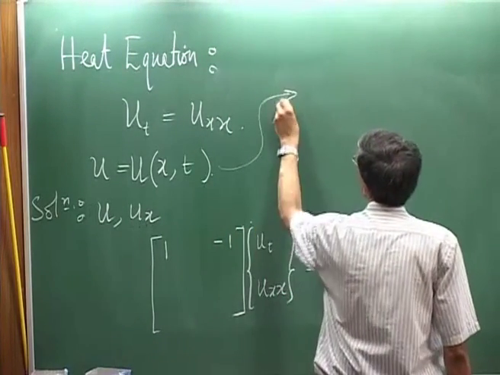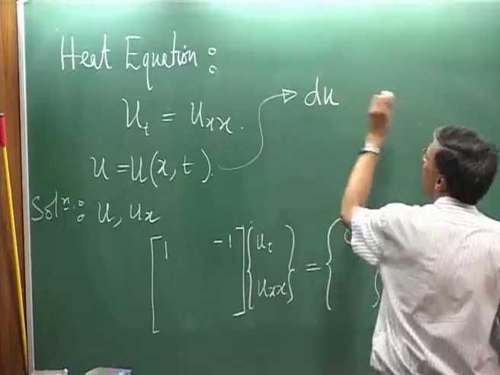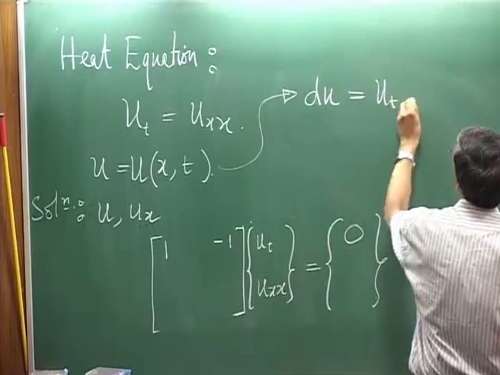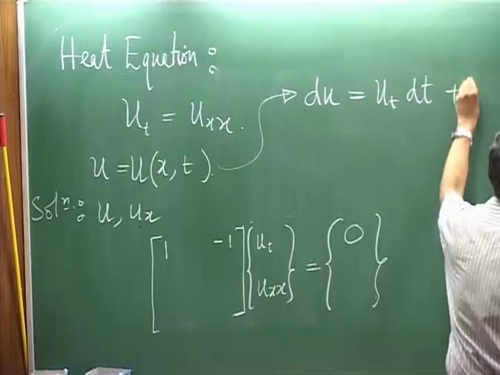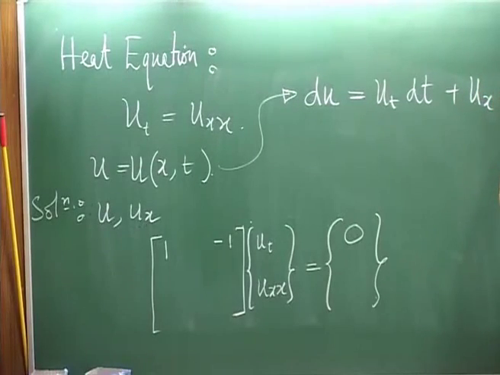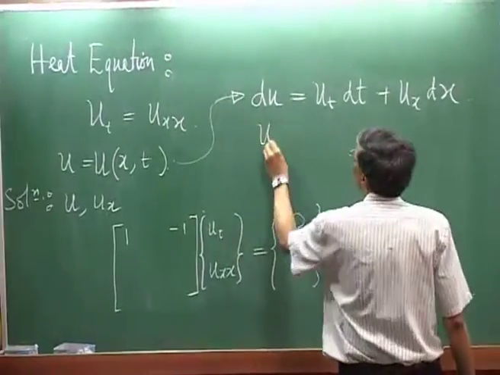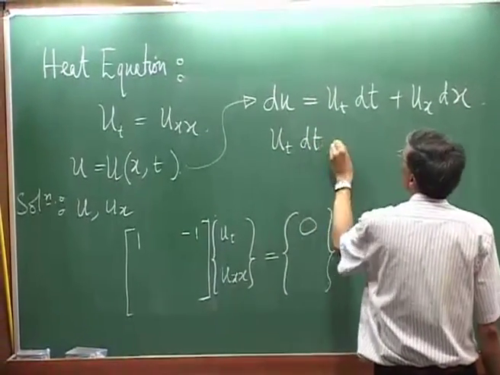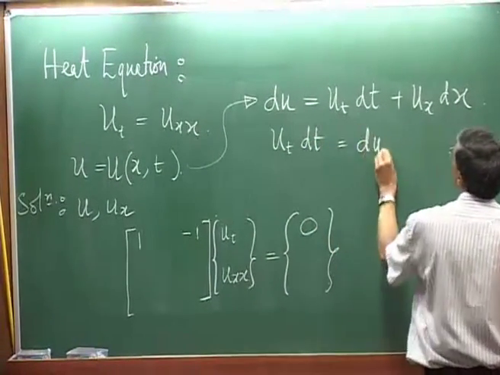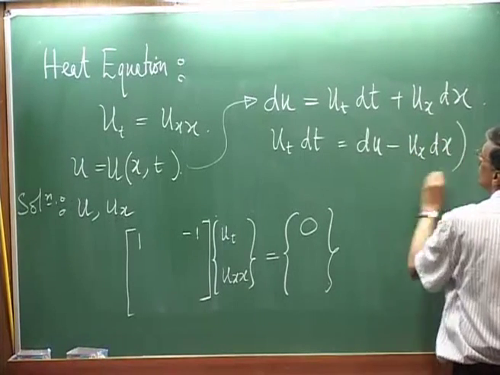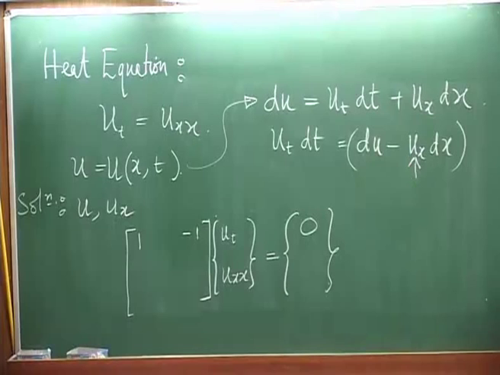We will come from here, we will write du. Du would be u t dt plus u x dx, right. So, how would I write it? I will write it as u t dt should be equal to du minus u x dx, because this is known. So, the right hand side is essentially known to you.